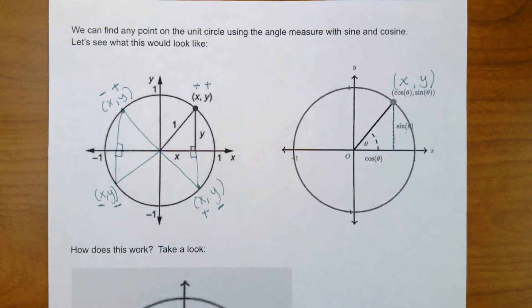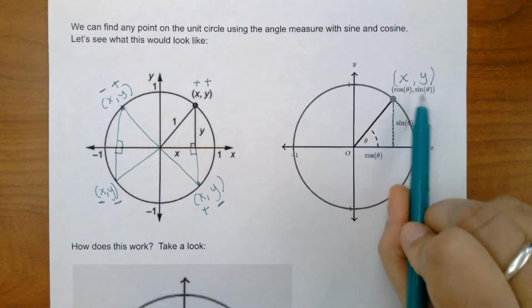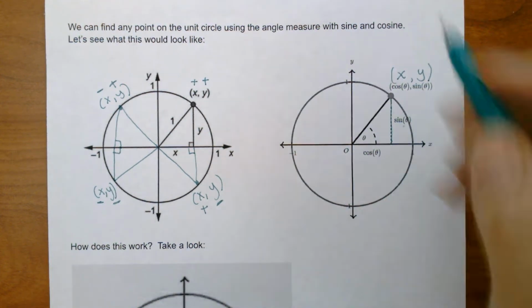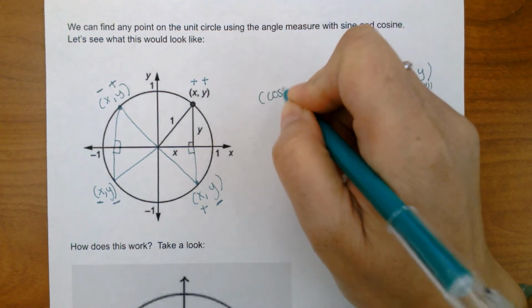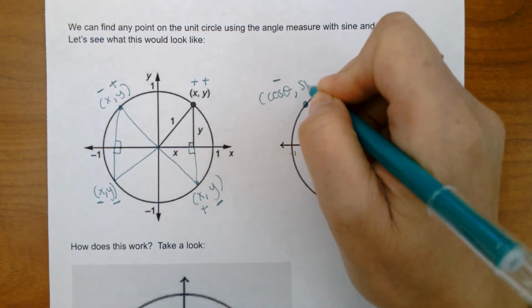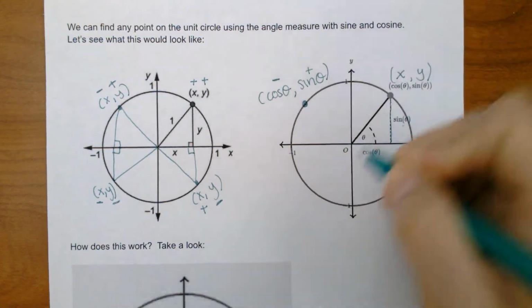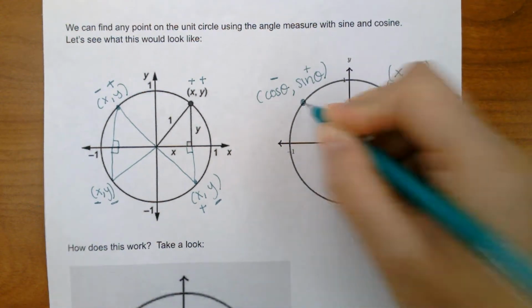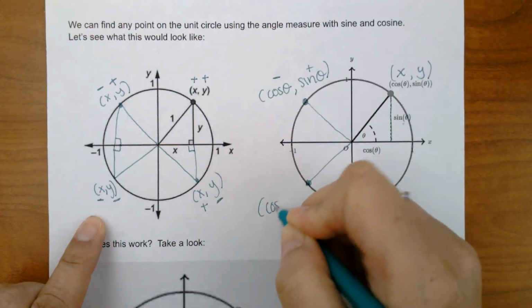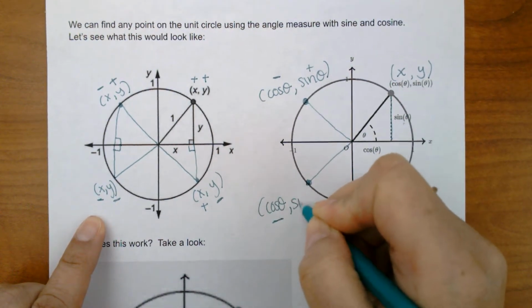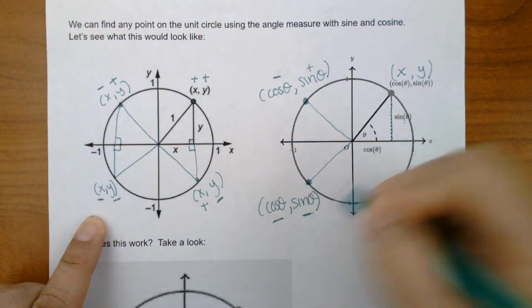Okay? So, in the first quadrant, cosine and sine are going to be positive. In the second quadrant, cosine is going to be negative and sine is going to be positive. In the third quadrant, just like here, cosine of theta is going to be negative, sine of theta is going to be negative as well.